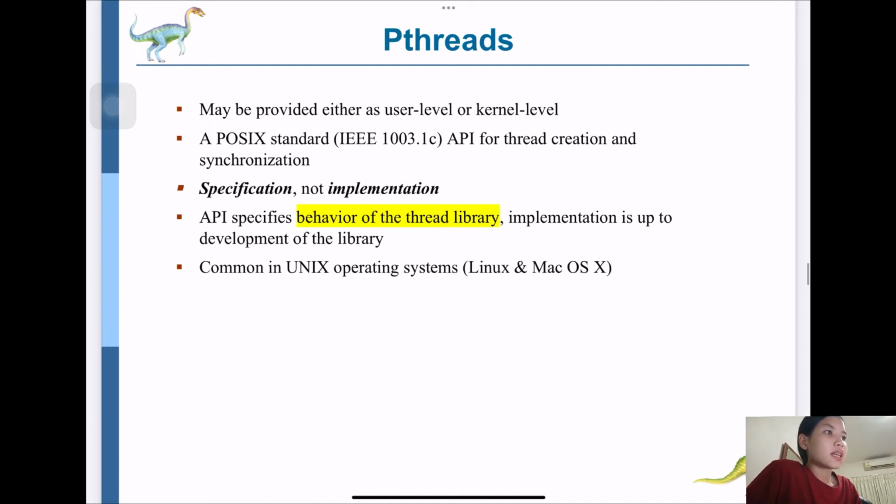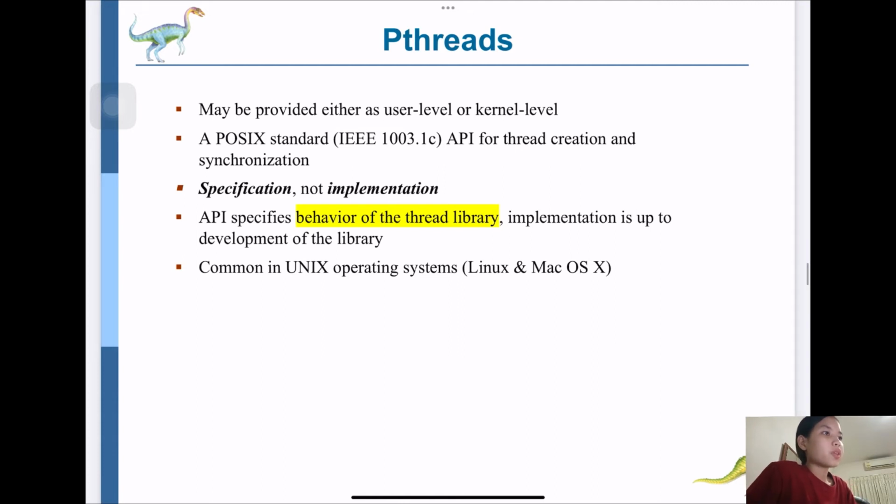Thread library: provides the programmer with an API for creating and managing threads. There are two primary ways of implementing a library: entirely in user space, or as a kernel-level library supported by the OS.